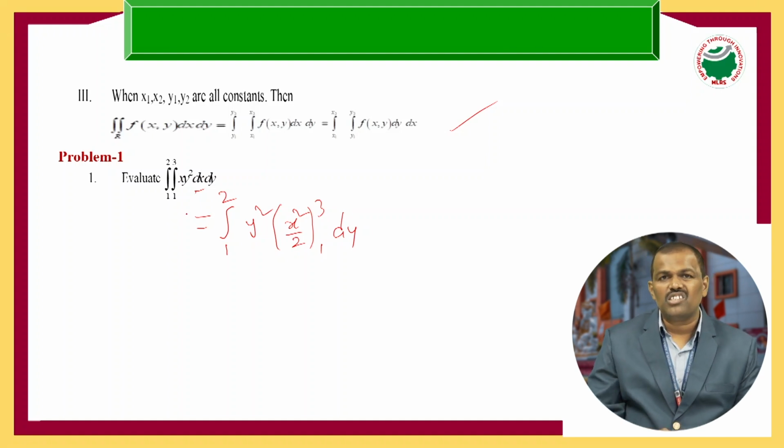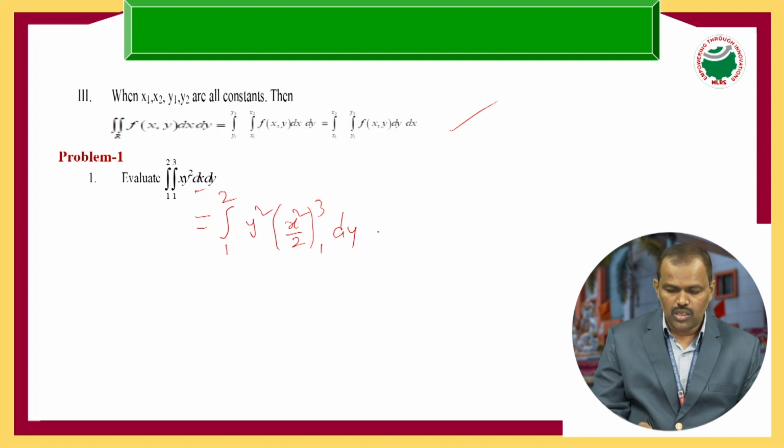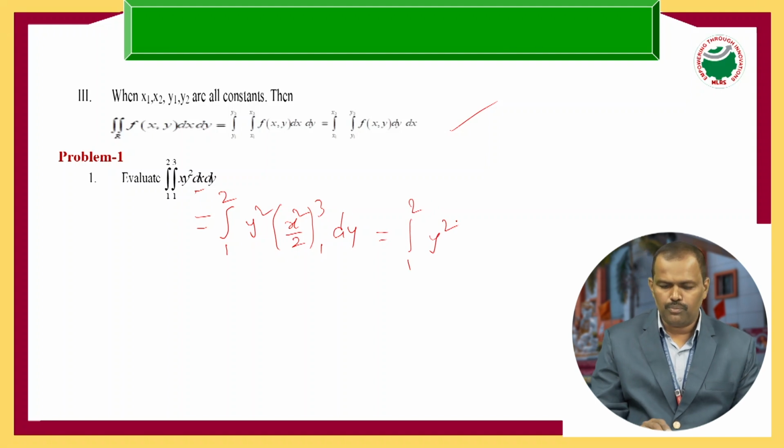Integral of x dx is x square by 2, within the limits 1 to 3, and dy. So what I am doing is integrating with respect to x, keeping y terms constant. Then what are the x limits? 1 to 3. So substitute the limits here. Integral 1 to 2 of y square into, first the upper limit, that is 3 square by 2.